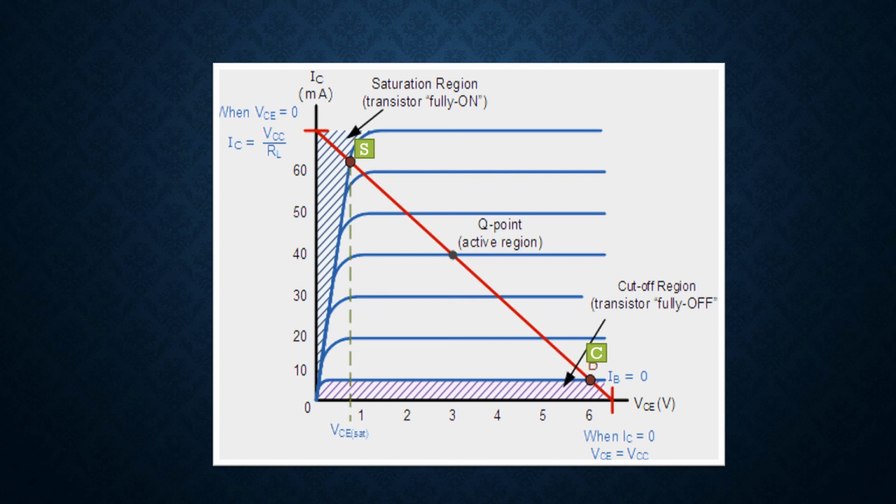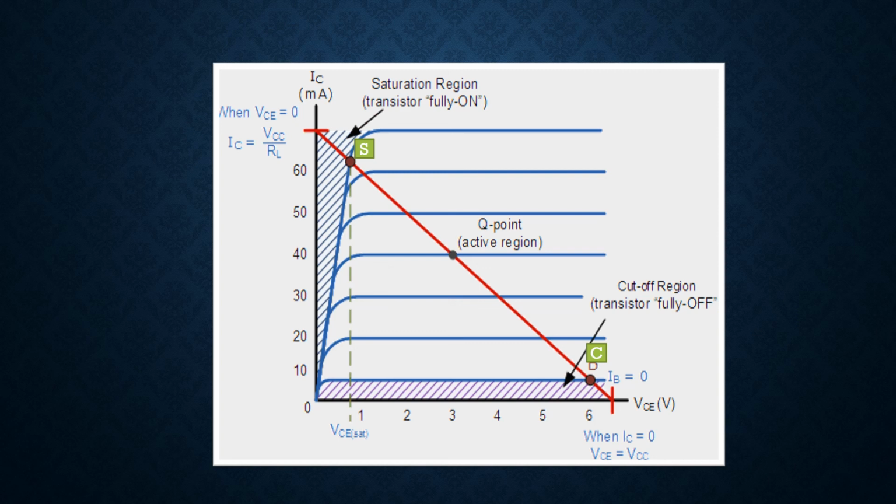And this is the stage when your collector current is also 0, and this happens when the voltage across the collector emitter is equal to VCC, that is the voltage across the collector region.